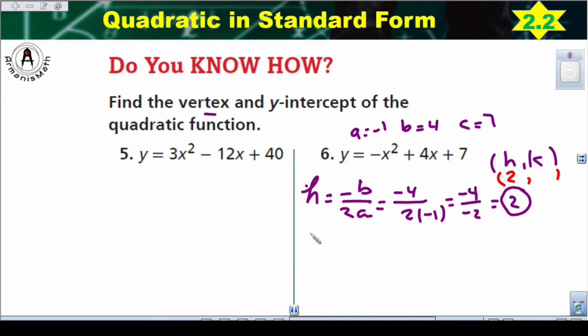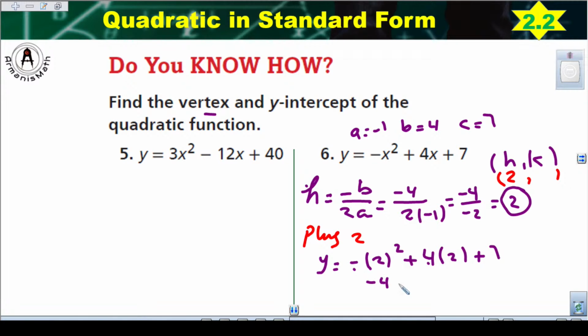How do you find the K? Plug 2 to find the K. So I'm going to put y equals -2 squared plus 4 times 2 plus 7.